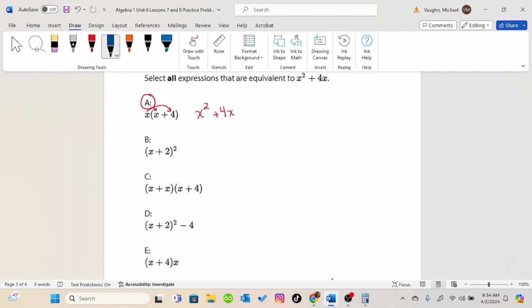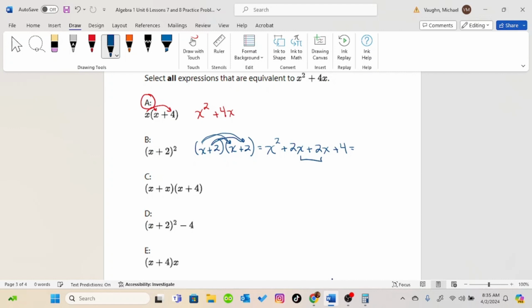Choice B. This becomes x plus 2 times x plus 2. We have x times x, which is x squared, x times 2, which is 2x, 2 times x, which is 2x, and 2 times 2, which is 4.